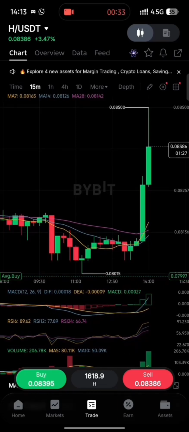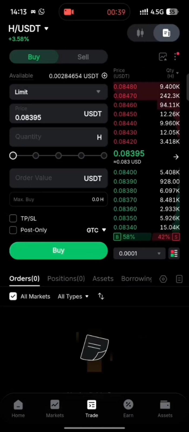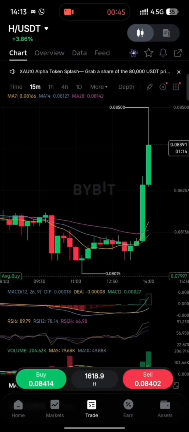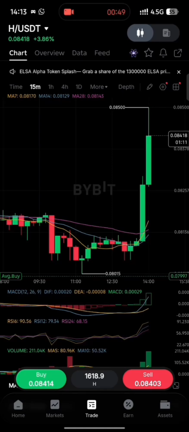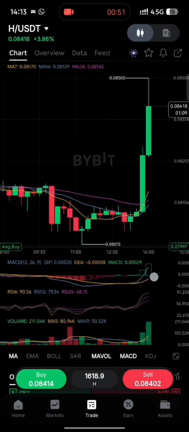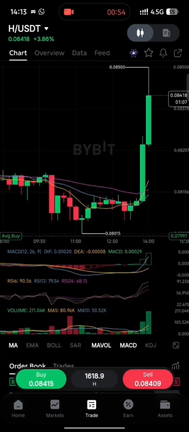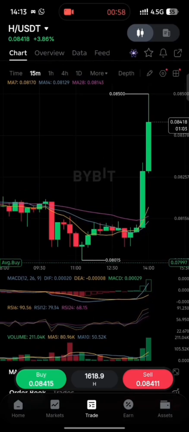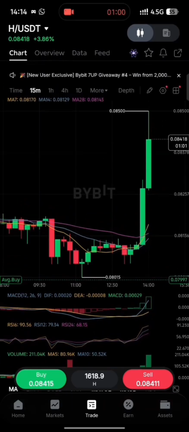I often tell you that each time you see your RSI above 70, you must be preparing to sell. So let's look at how much we are having now. We're having over 82 USD right now in profit, but I'm not that cool with that. I will hold on and watch carefully to see where exactly this trade is taking me.